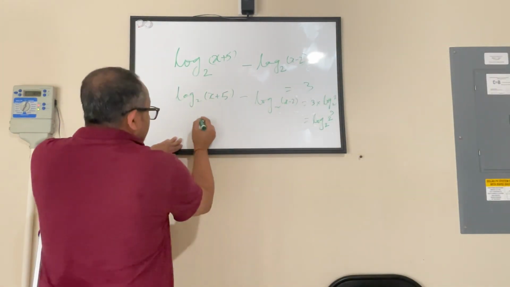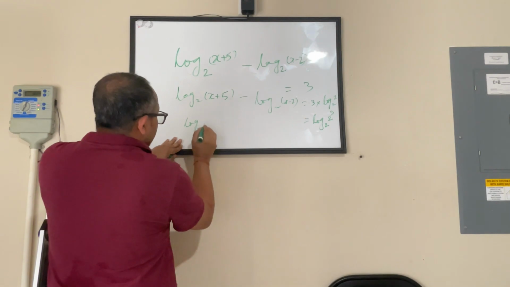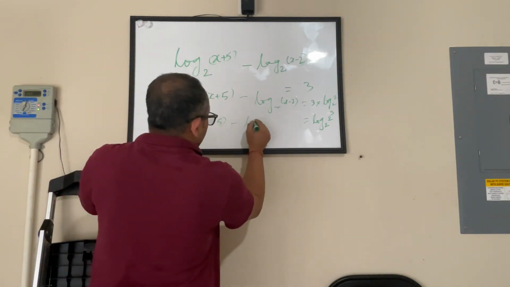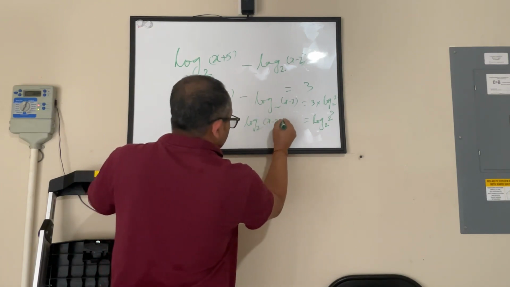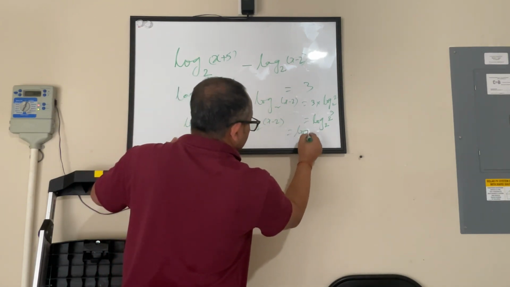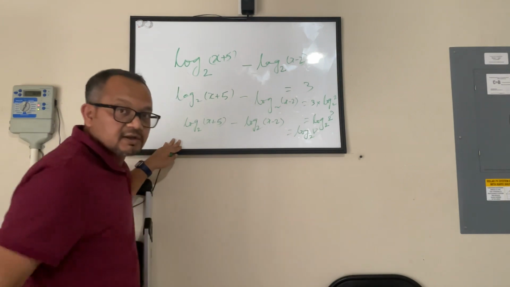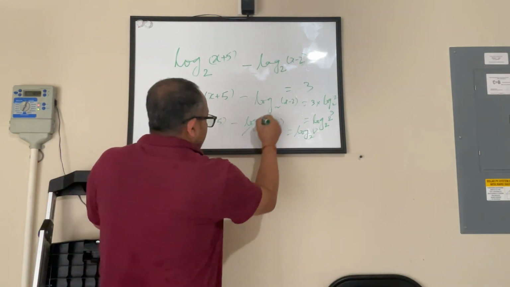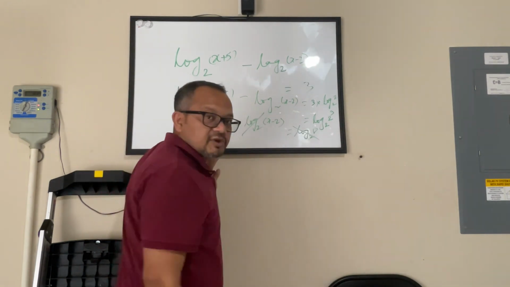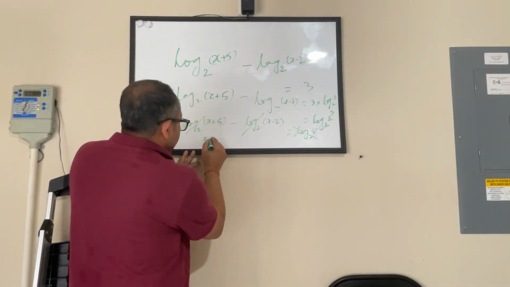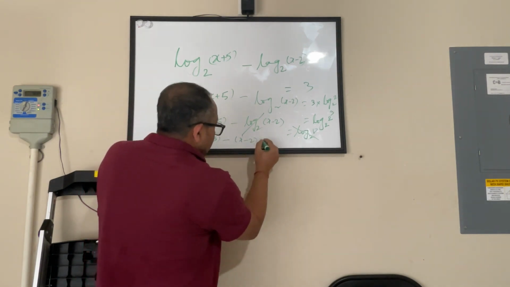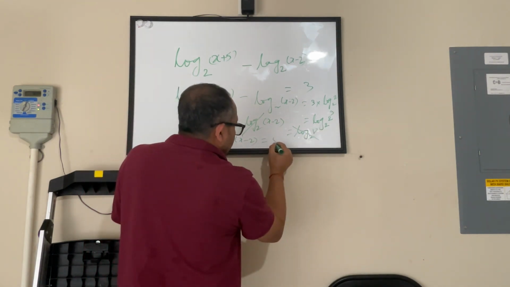Now this equation has been revised to log 2 of x plus 5 minus log 2 of x minus 2 equal to log 2 of 8. So I can strike off all the log base 2, and this becomes x plus 5 minus x minus 2 equal to 8.